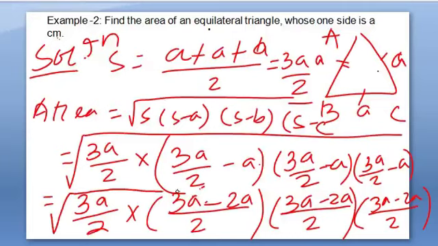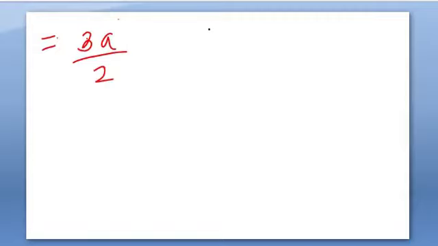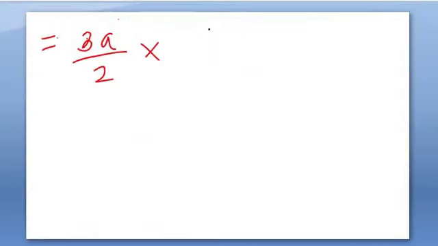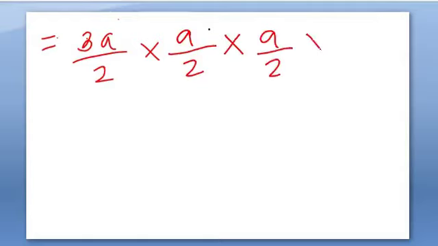So equals root over of 3a by 2 into, 3a minus 2a equals a by 2, a by 2 into a by 2, whole root over.